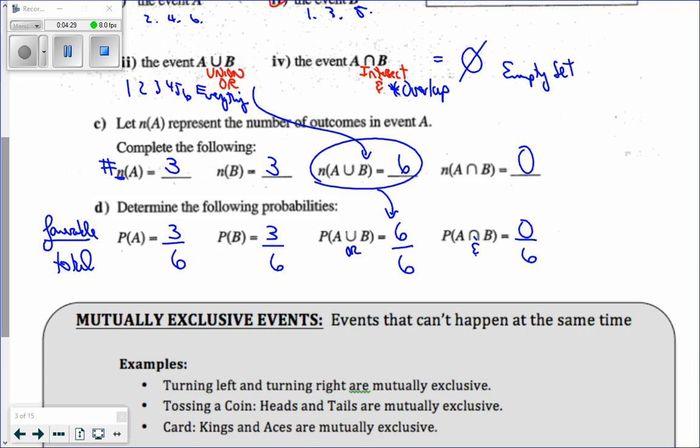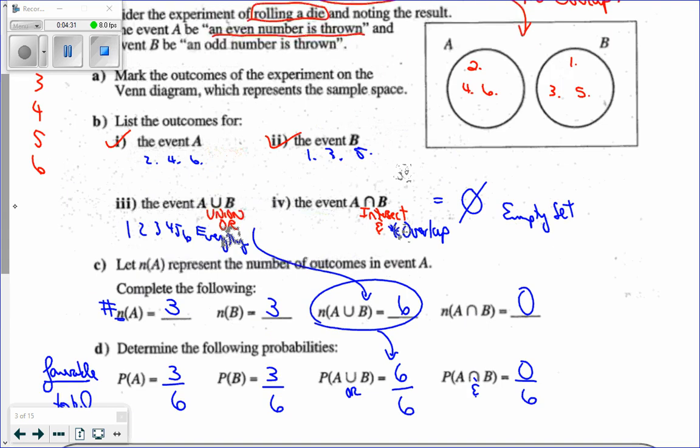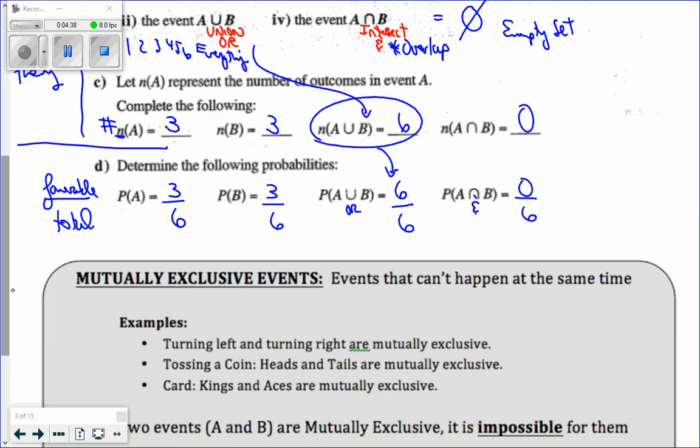Okay, so here's the thing. This was set theory. This is probability. It's the exact same knowledge. All we have to do is remember our one little formula. So we're just going to take what we learned in set theory and just go this divided by this.